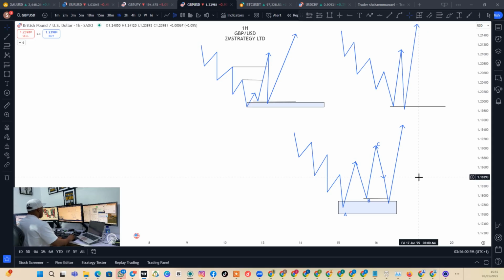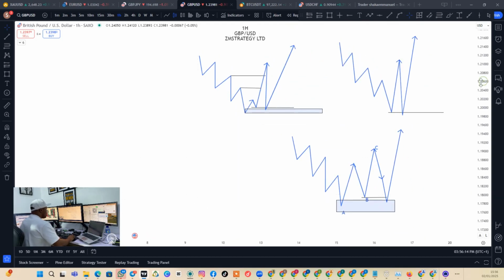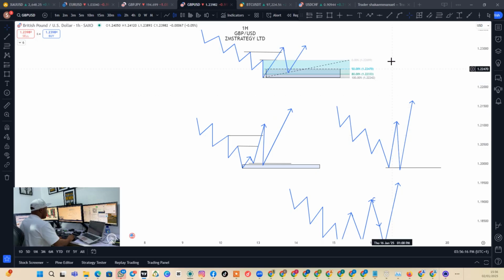This is a structural liquidity. This is what an inducement liquidity is, and this is structural liquidity.